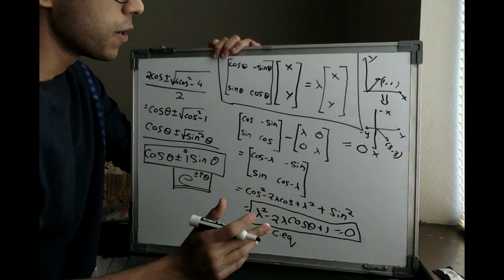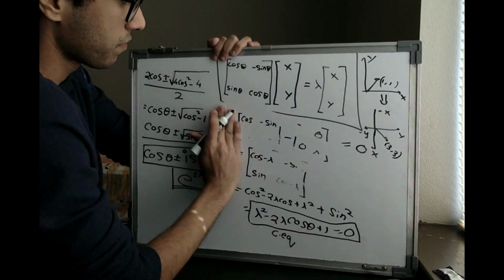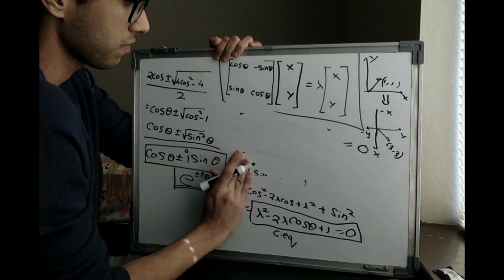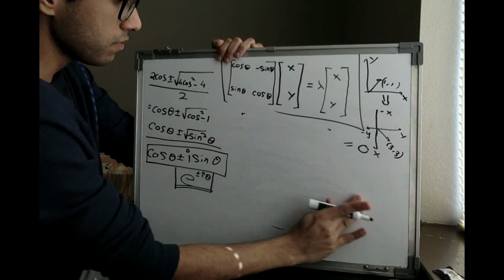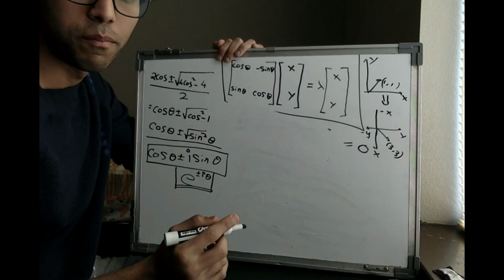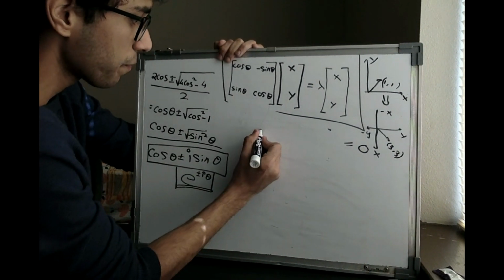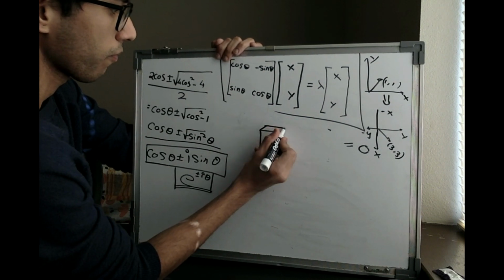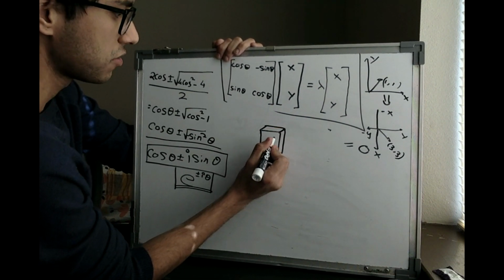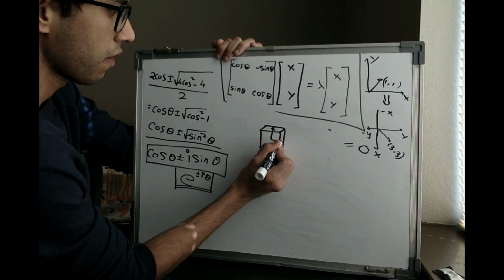Now again, let's try to consider, okay, hold on. Let's go back to our cube example, which has its own coordinate axis.